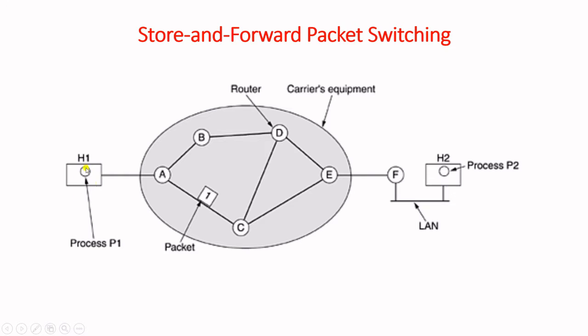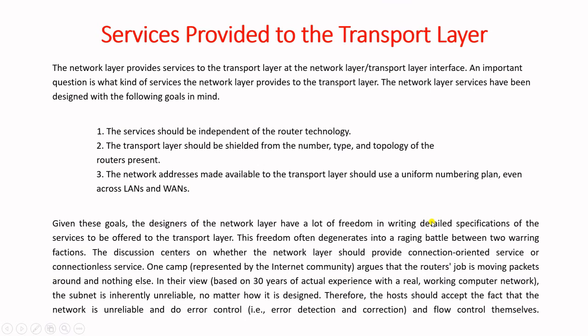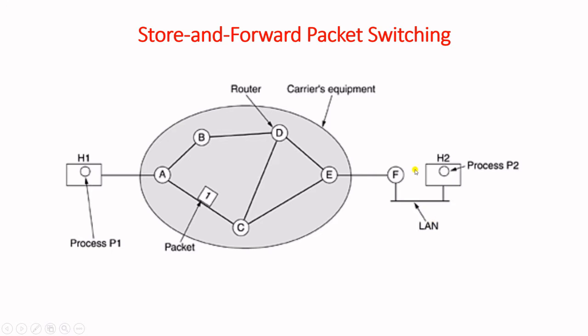Host 1 is running a process P1, and there is host 2, where another application program is running, that is process P2, and host 2 is on the LAN, and there is another device, end system F2, which is on the LAN.